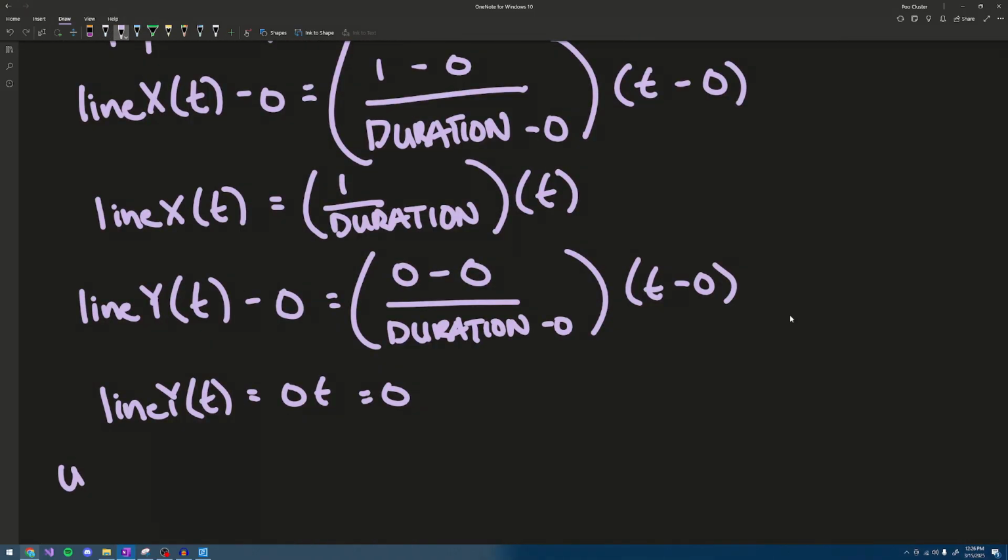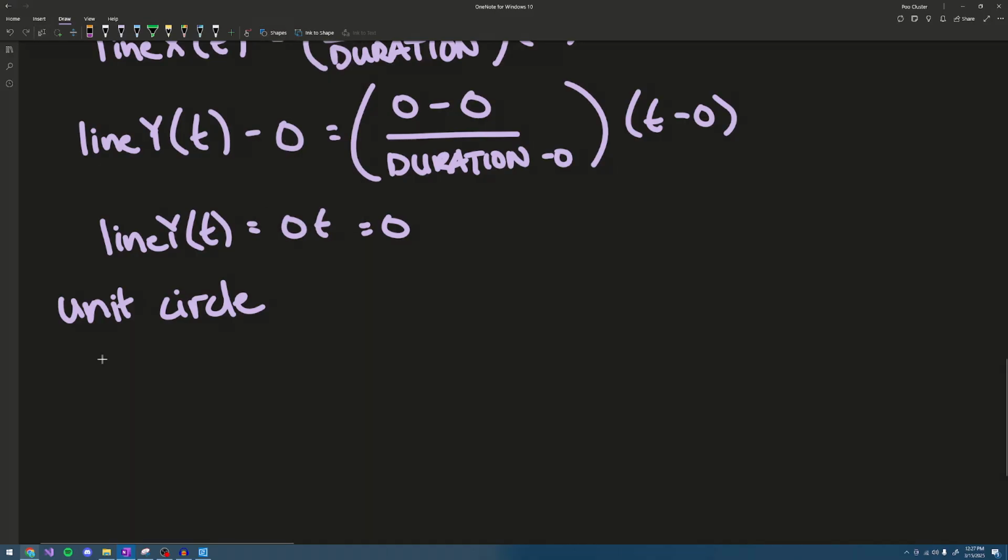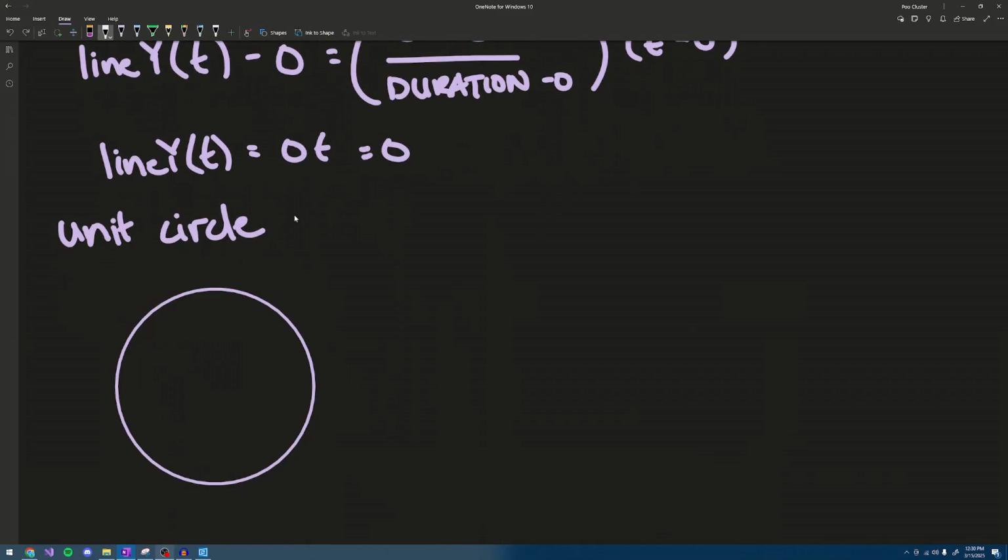If y'all are familiar with algebra, there is this other concept known as the unit circle. So the unit circle is a way to derive any point on the circle from the origin. Remember, our origin is still 0, 0. We can derive any point on this circle given some input parameter.